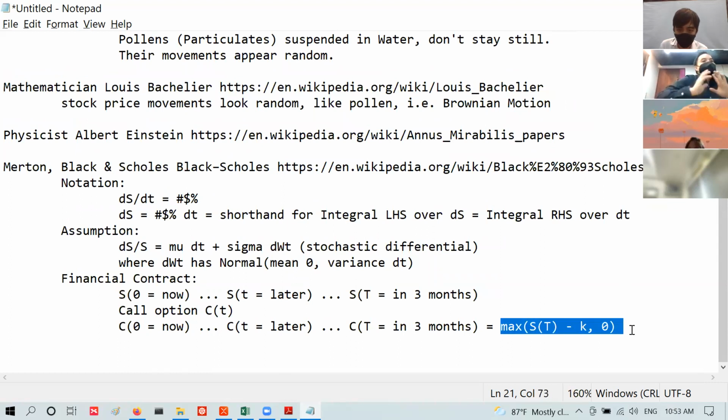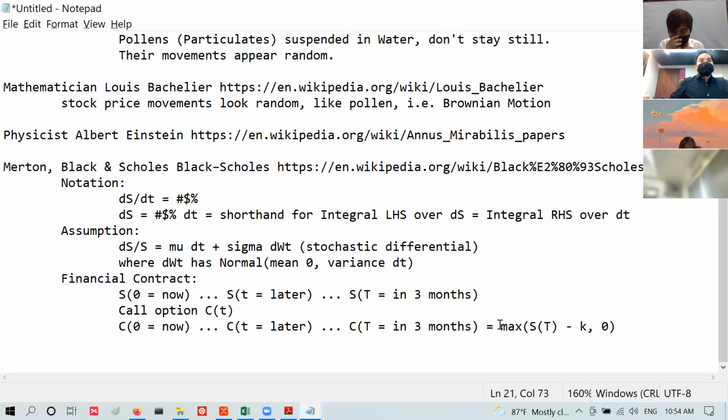It means that in 3 months' time, if the stock price is higher than K, you get the difference. If the stock price is lower than K, it's worthless. You see that? That's the maximum between two things.